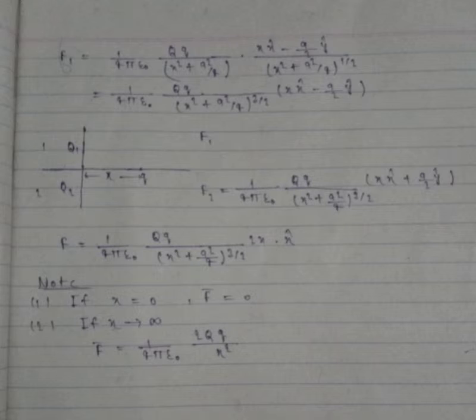Let me write again. I have this configuration, charge q here, charge q here, charge q here, at a distance x, a by 2. I am calling this charge 1, I am calling this charge 2, then force F1 we figured out is 1 over 4 pi epsilon 0 q over x square plus a square by 4 raised to 3 by 2 times x minus a by 2 y.